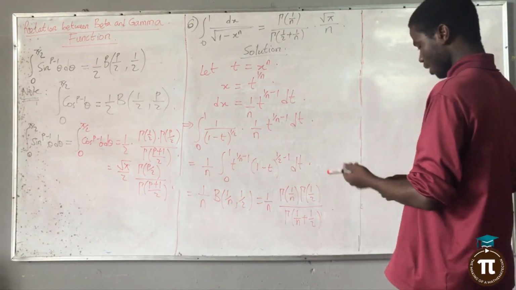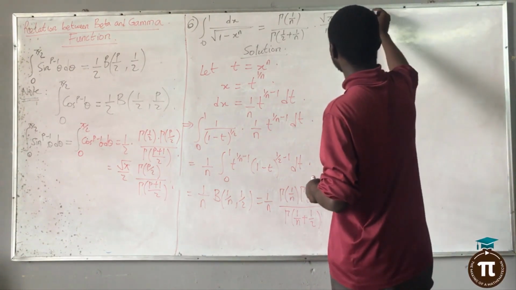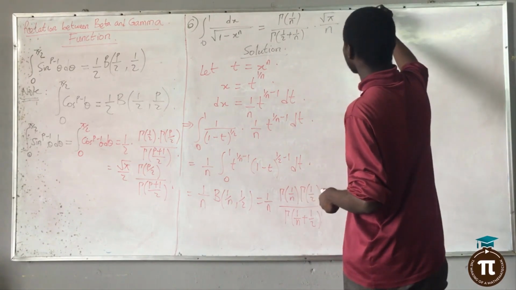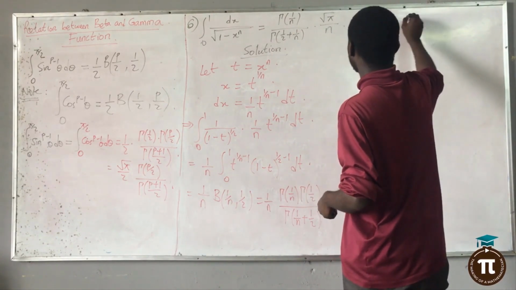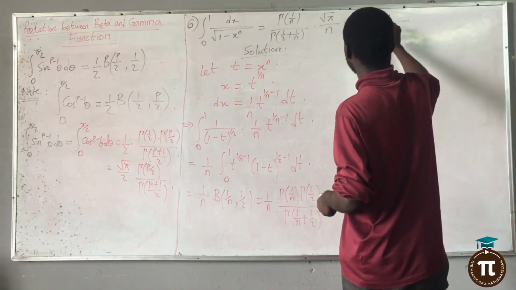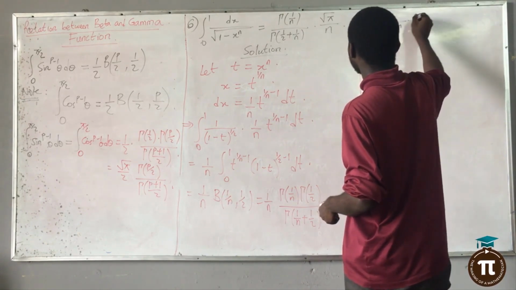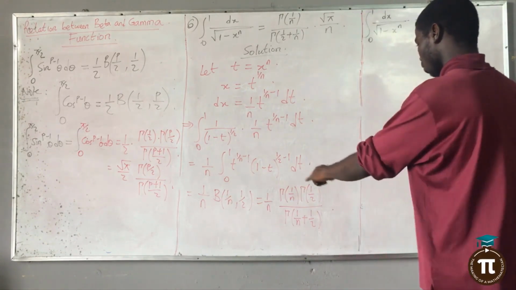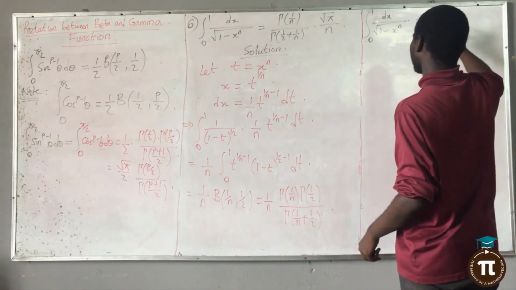So at the end of the day, the integral from 0 to 1 of ds over the square root of 1 minus s to the n will be equal to 1 over n.